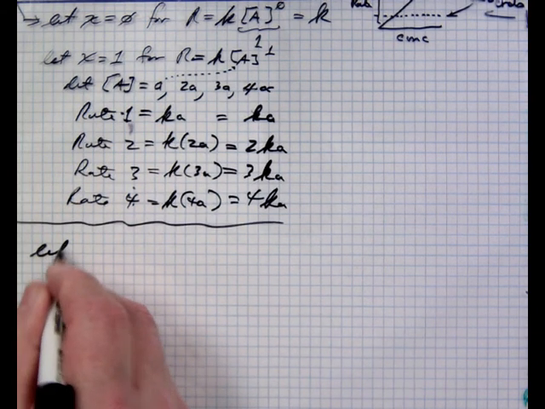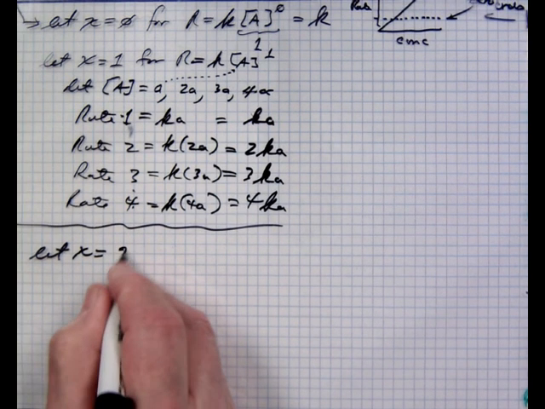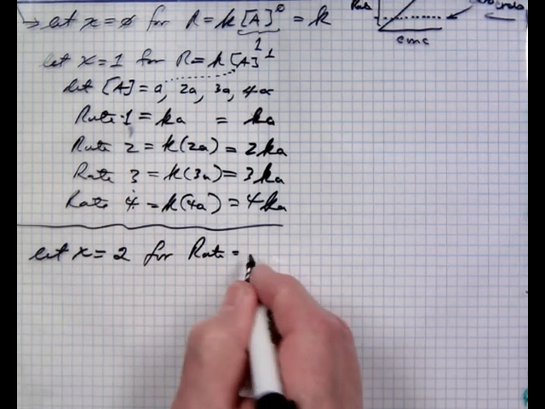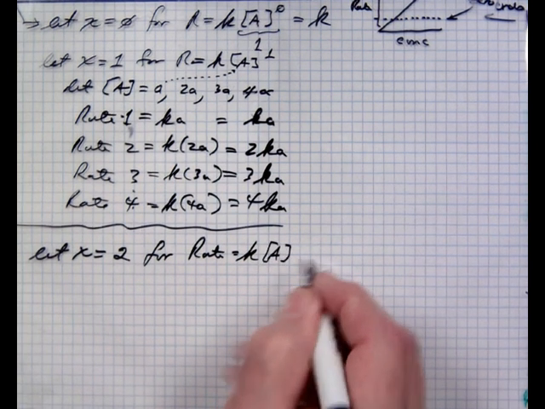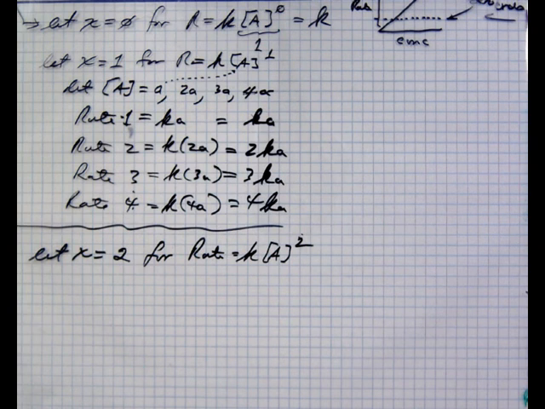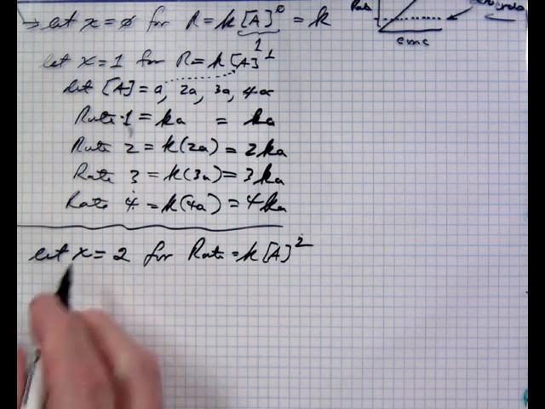Okay, let's let x now be a 2 for our empirical rate law. And we will look at the trend that is generated as we do the same thing with concentrations. Double it, triple it, quadruple it.